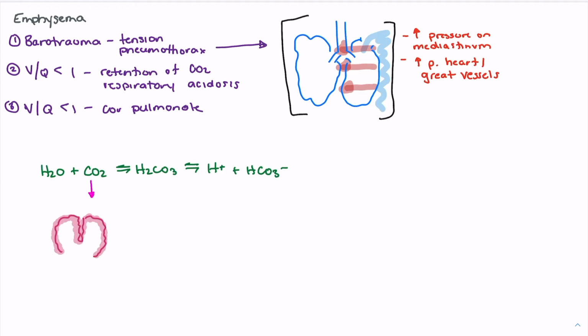So one of the consequences of emphysema is going to be an increase in end-tidal CO2, or an increase in carbon dioxide levels, or PaCO2, which can lead to cerebral vasodilation and cerebral edema.